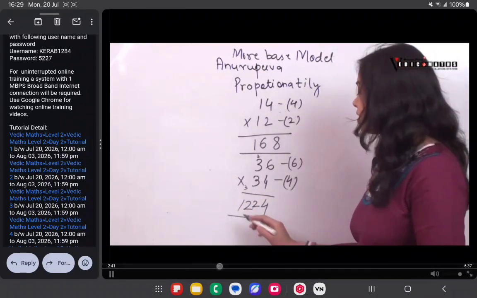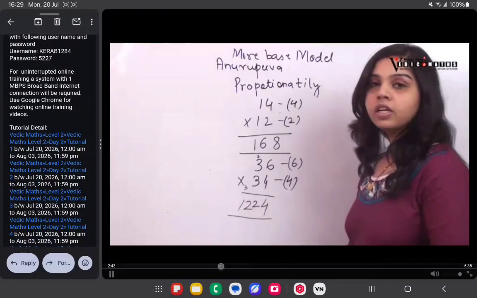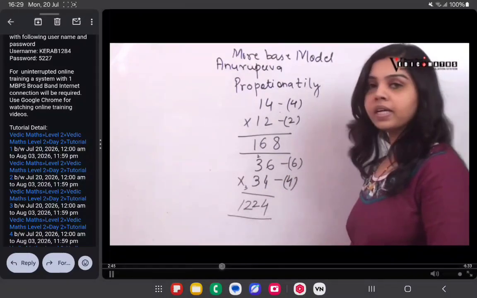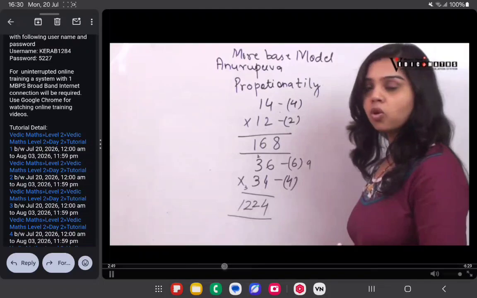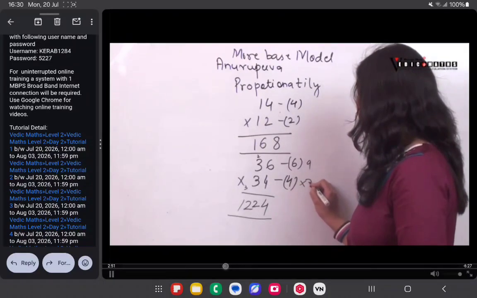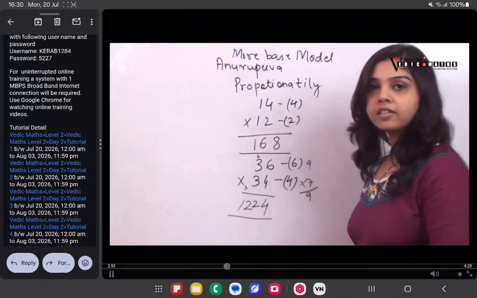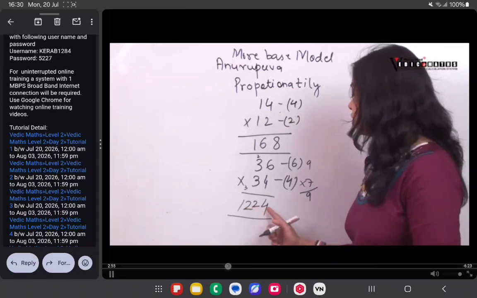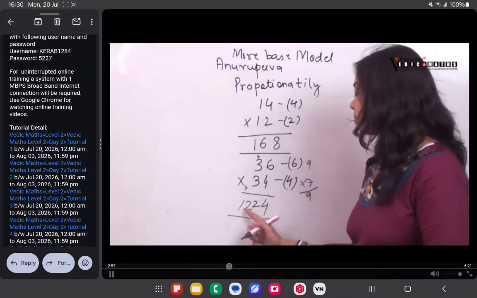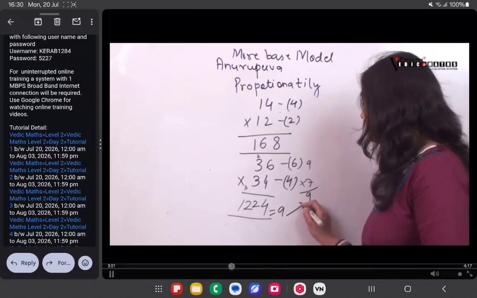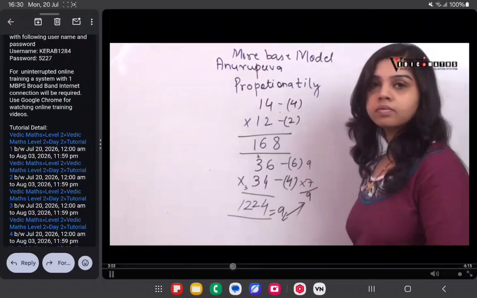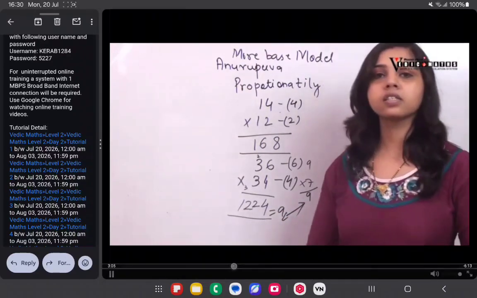So our final answer is 1224. Let's check this problem by Navanga. 6 plus 3 is 9, into 7, it will be 9. Then 4 plus 2 is 6, plus 2 is 8, plus 1 is 9. That means our answer is correct.